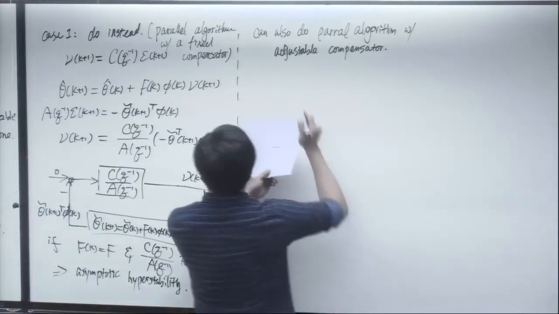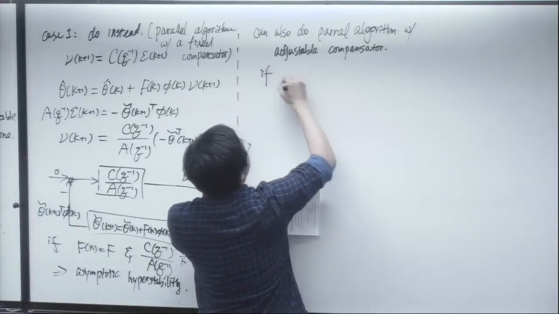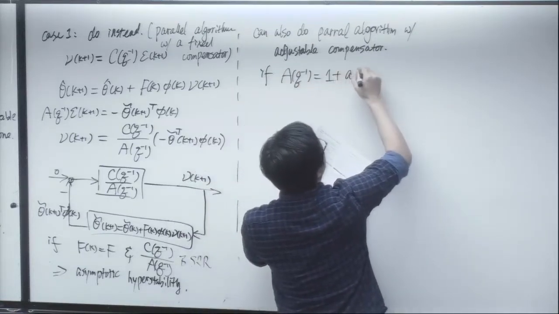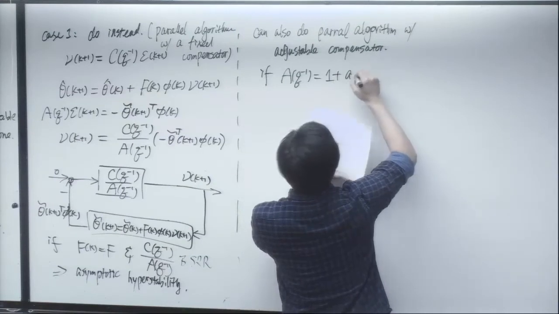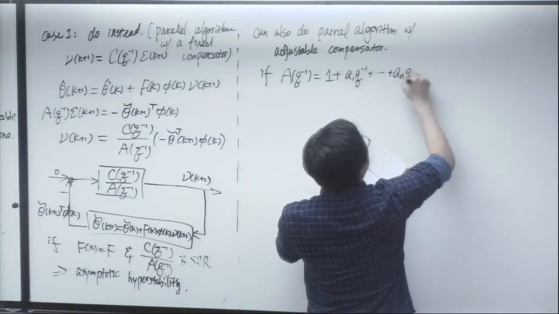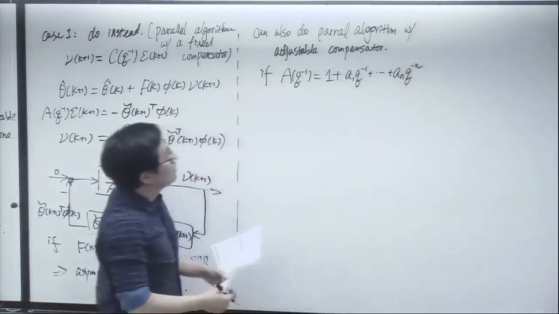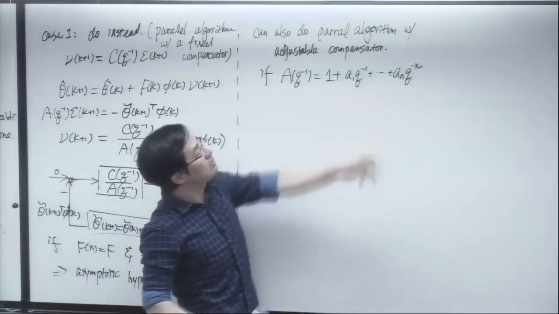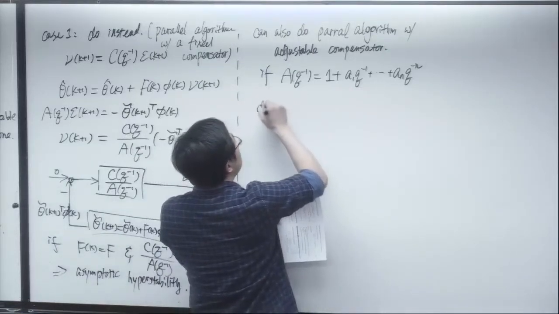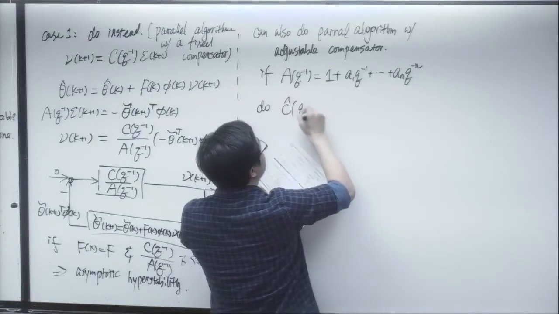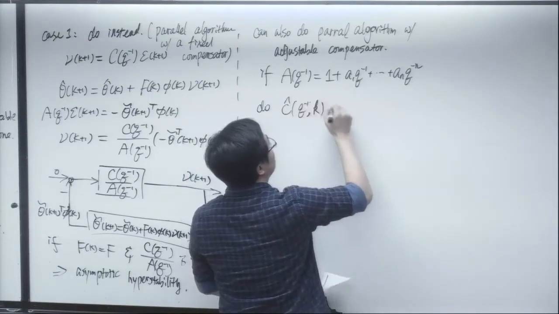The algorithm is as follows. If A has this structure that we usually assume, we know it's nth order. We don't know anything about these coefficients A1 to AN. Let's do an adjustable compensator.